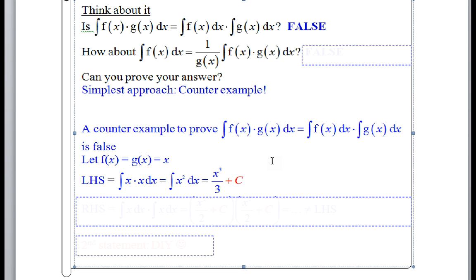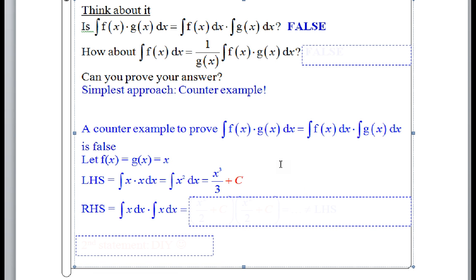Your left hand side is now x cubed over 3. But what about the right hand side now? I'm sure you can work it out on your own. Integrate x, I get x squared over 2.